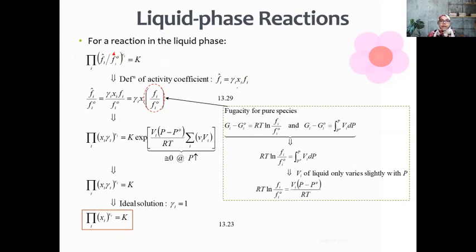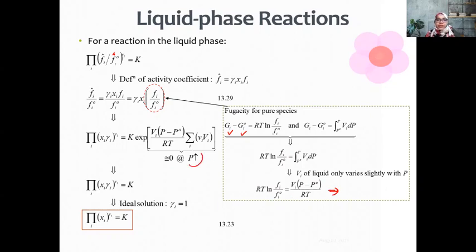Then by replacing it into this expression, it gives us the ratio of the fugacity of the species to the fugacity of the standard, which we can correlate from the difference between the Gibbs energy of the species and the Gibbs energy of the species at standard state. Then integrating this expression gives us this equation, known as the Poynting factor.